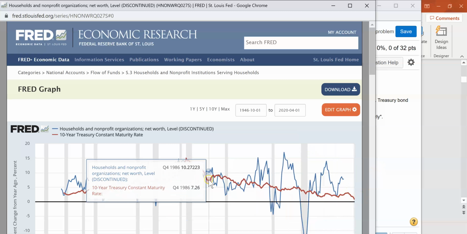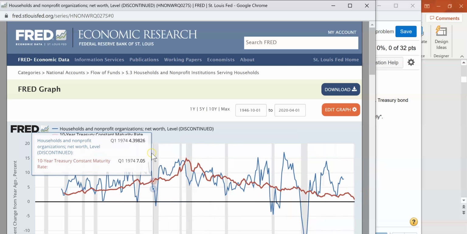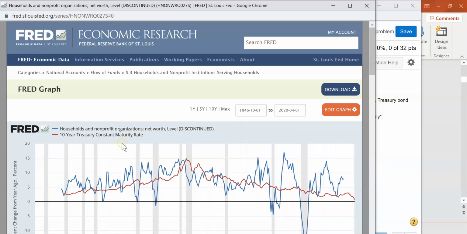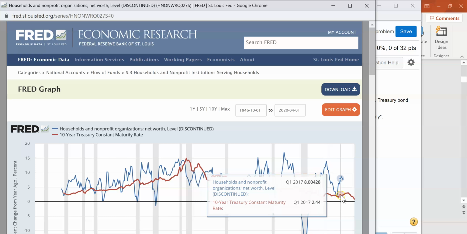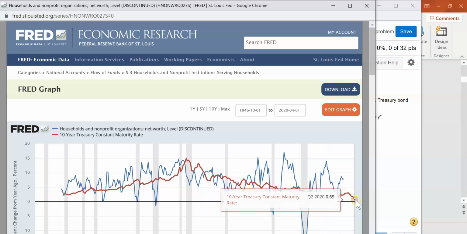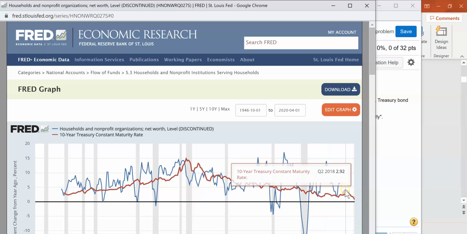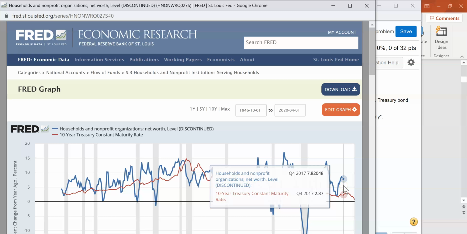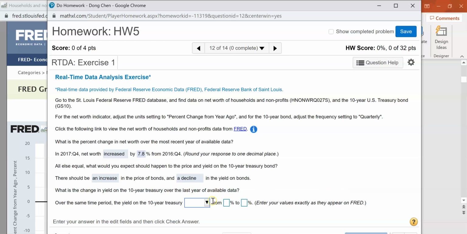You can see that the red curve here stands for the 10-year Treasury constant maturity rate, and it extends to the most recent data point, which is actually Q2 2020. But to be consistent with our observation for the other variable, net worth, we need to look at Q4 2017. And let's look at what the question is.